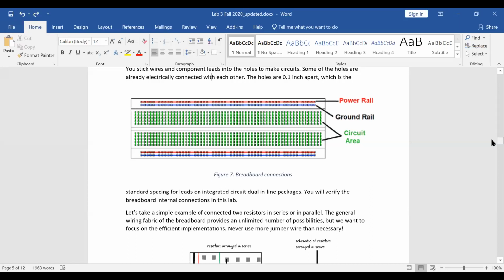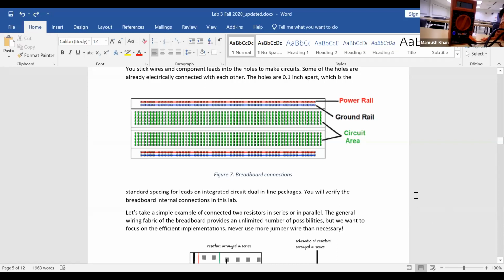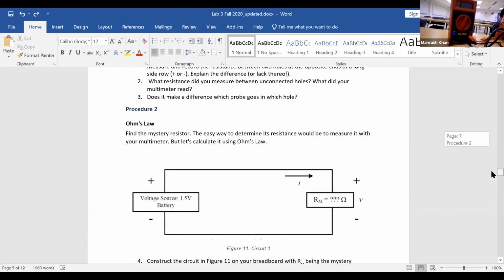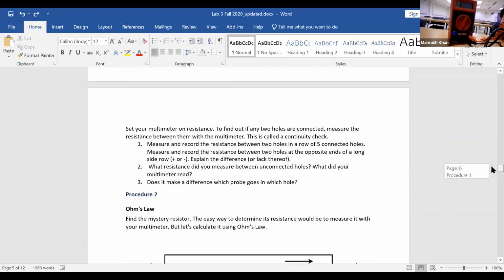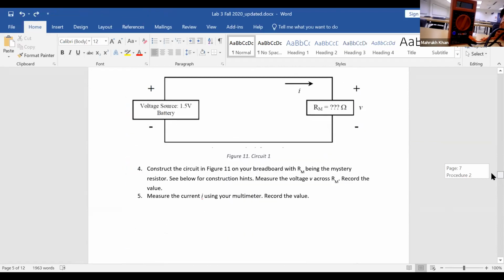What you are saying to me, if this column is connected to this, that's what your question is? Like the one that you're touching right now and the one above, those two. This too? Yeah. No, they are not, because you can see in your circuit area that they are not connected to each other, right? Oh, okay. Yeah, okay. Similarly for power rails, they are not connected to each other. Okay, so you can do the continuity check, and next you will make the circuit, okay?